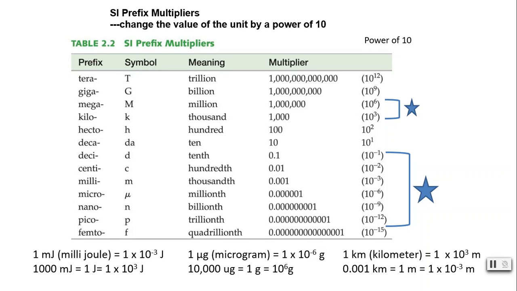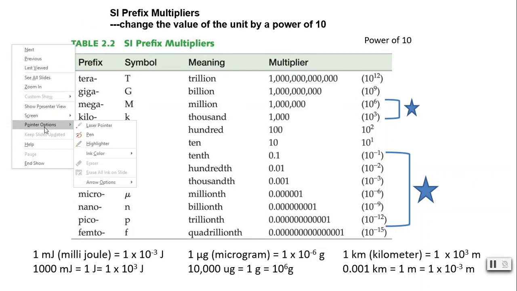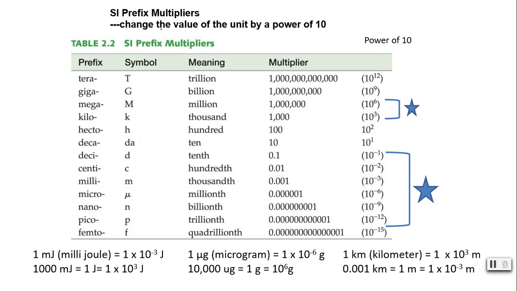Another way we can write numbers that are really big or really small is to make use of these SI, Standard International, prefix multipliers. And what these prefix multipliers do is they change the value of the unit by a certain power of 10. So this table that I have here is from the Tro textbook.